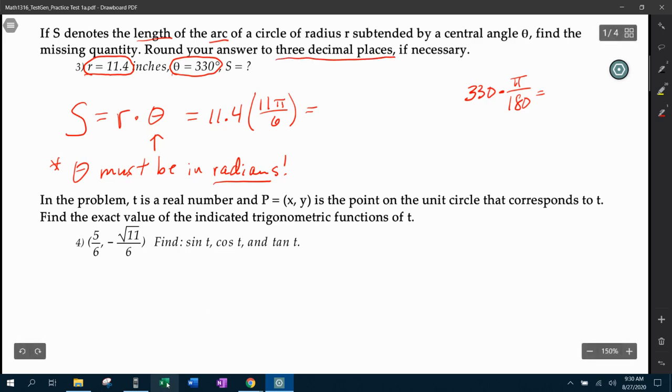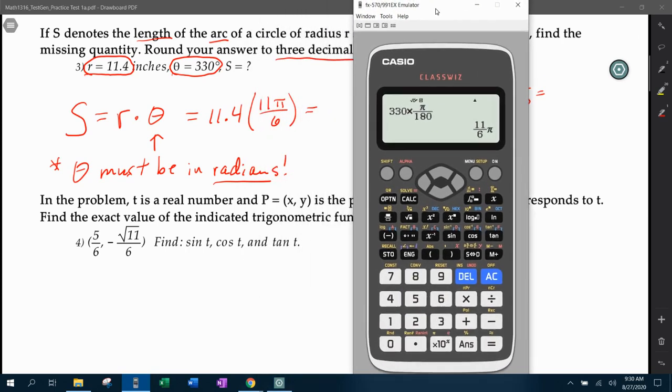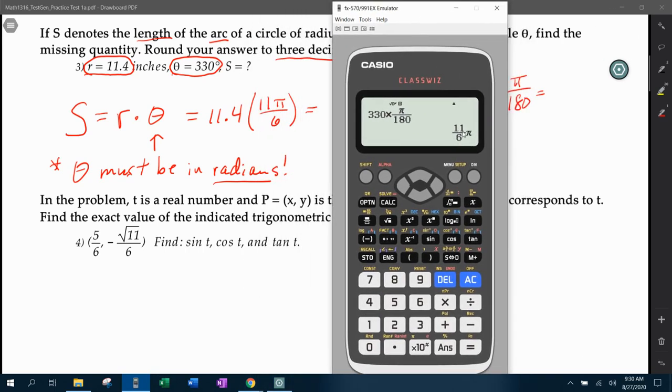All right, so here we go again with the calculator. And notice that I've already got the 11 pi over 6 on the screen, so I just need to hit multiply by 11.4. And I'm going to hit the SD button to get me a decimal. Now we need that to 3 decimal places. 6, 5, 9.